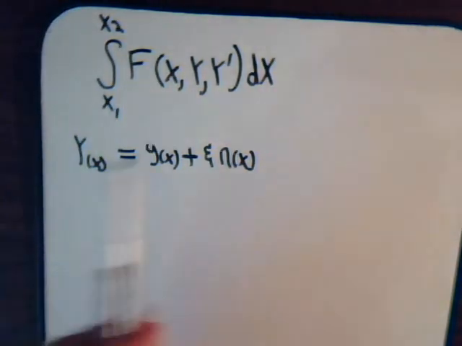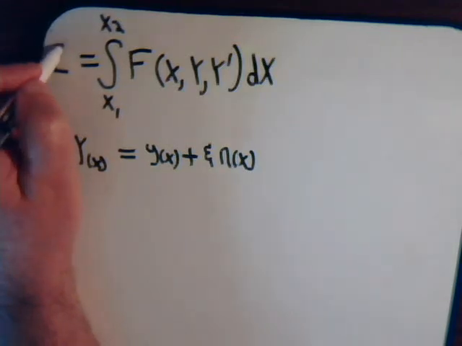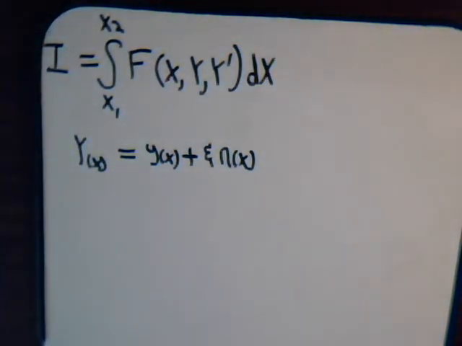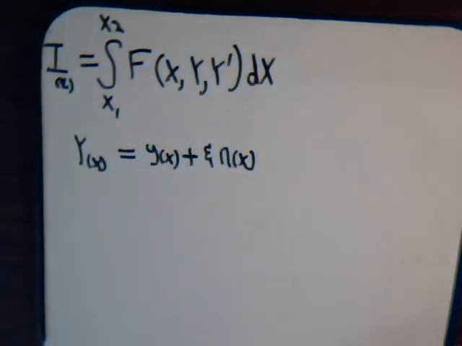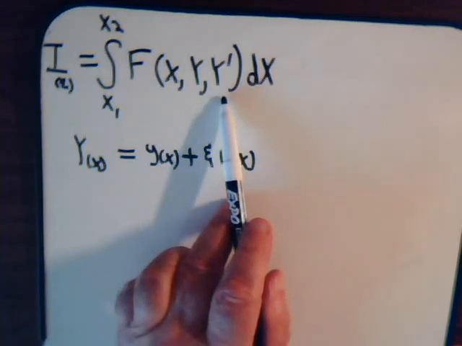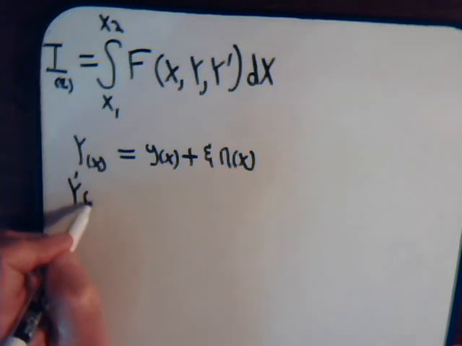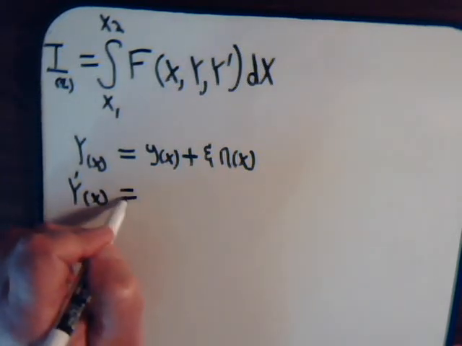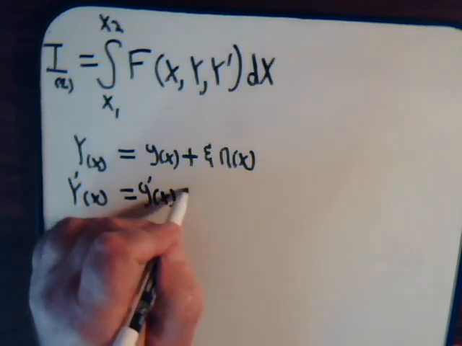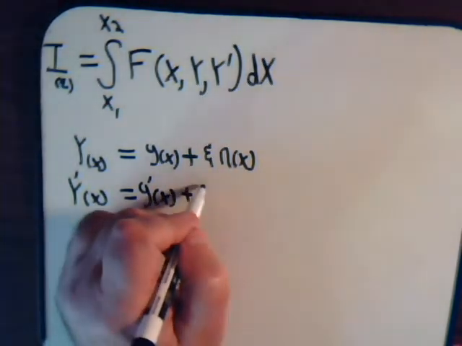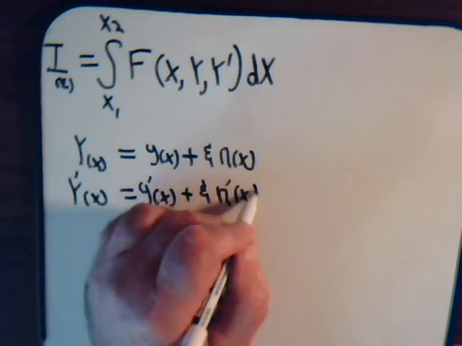So this integral, we'll just call it I, it is a function of epsilon, because Y is a function of epsilon, and Y prime, which is dY dx, equals y prime of x plus epsilon nu prime of x.